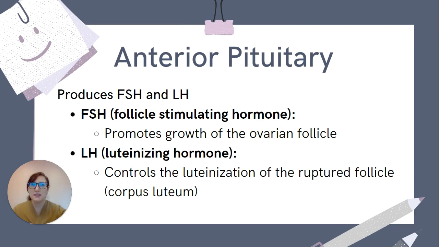Do you know what that means? Let's talk about it. Basically, think of that ruptured follicle as being popped open. As a way of healing itself and in preparation for a possible pregnancy, it luteinizes, or there is a change in the cells to now be able to produce progesterone. And that luteinized follicle is known as the corpus luteum.